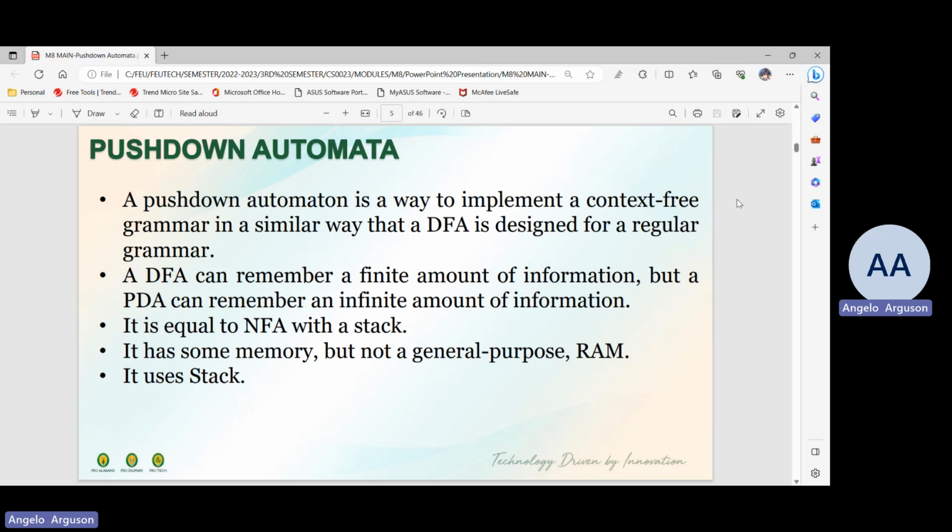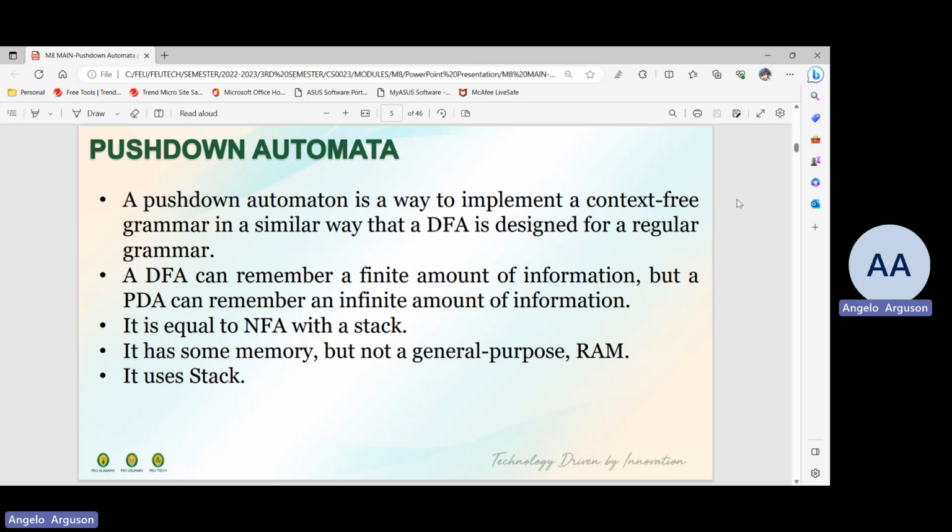A pushdown automata can push an element onto the top of the stack and then pop off an element from the top of the stack. To read an element into the stack, the top elements must be popped off and are lost. A PDA is more powerful than an FA or finite automata.